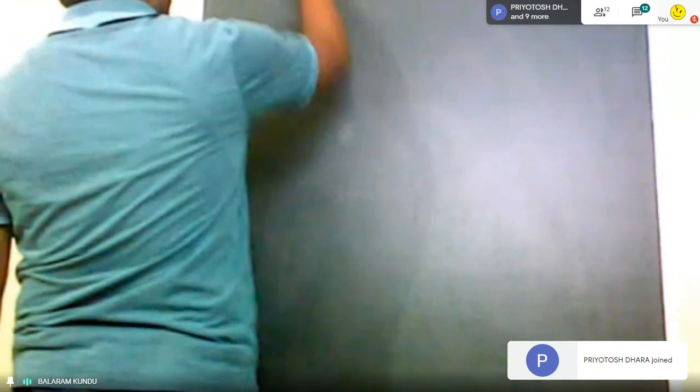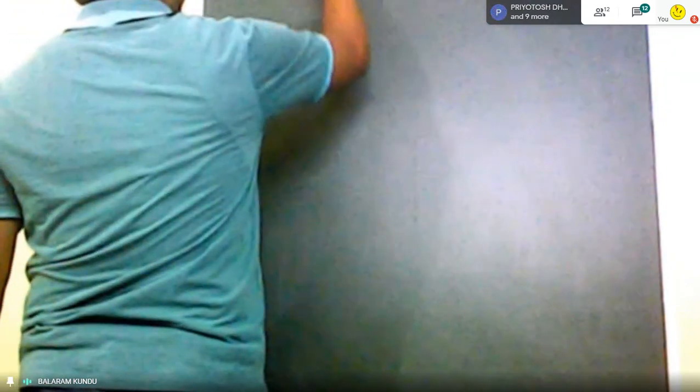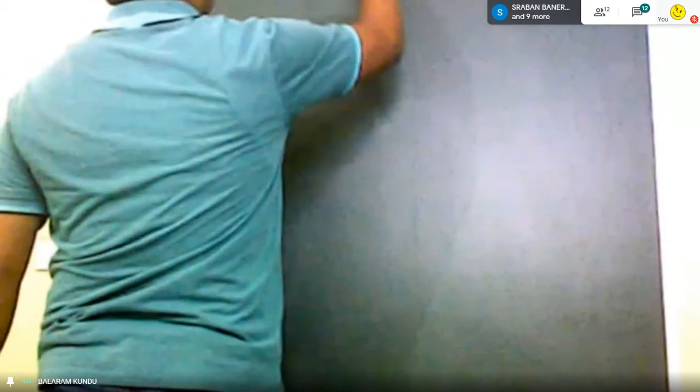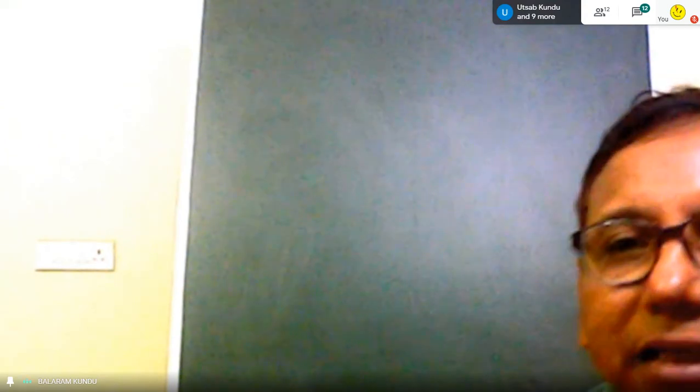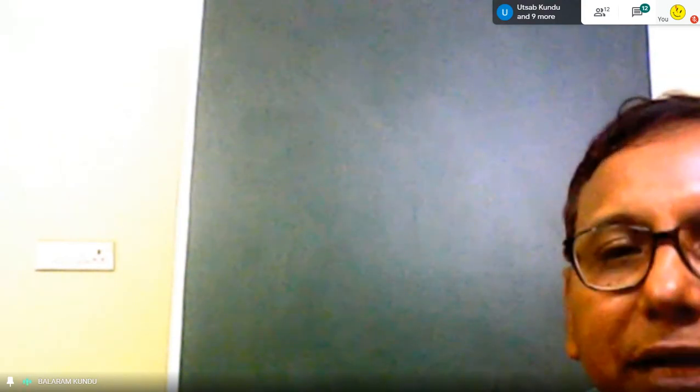So write down the assumptions. Number 1: all surfaces are diffuse emitters and diffuse reflectors.